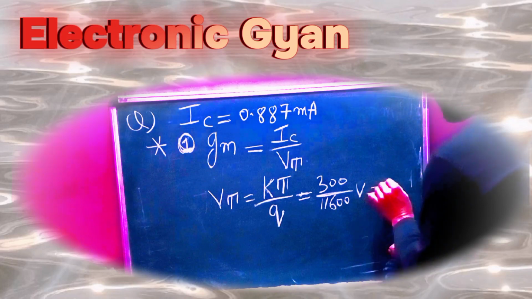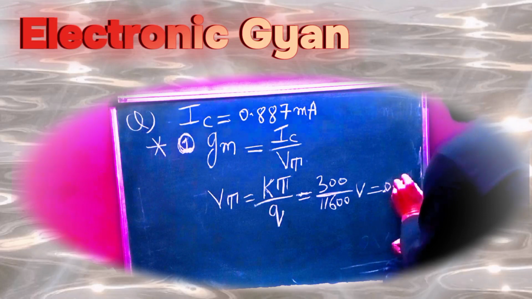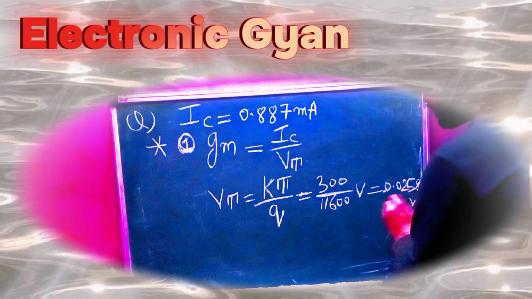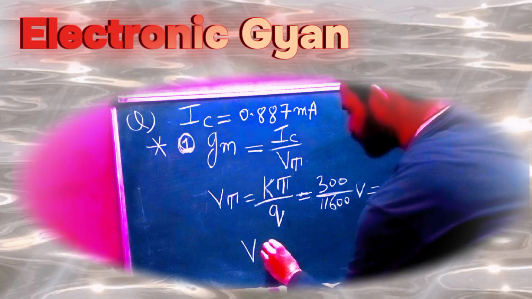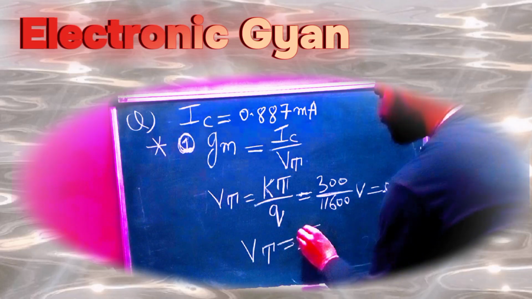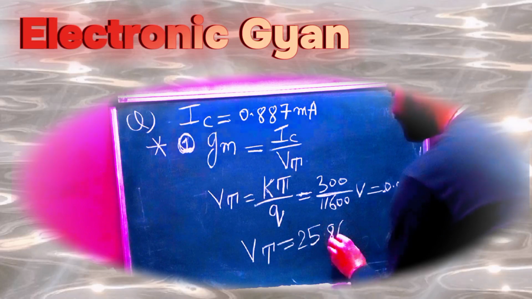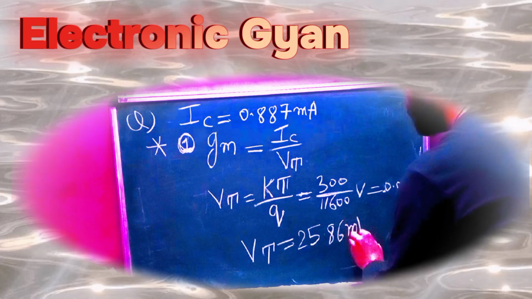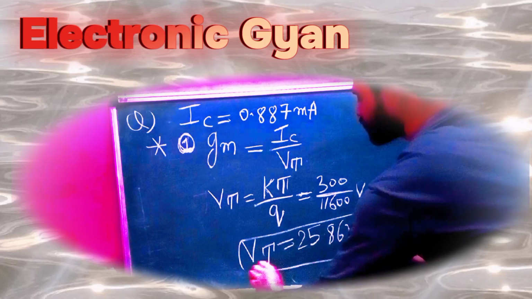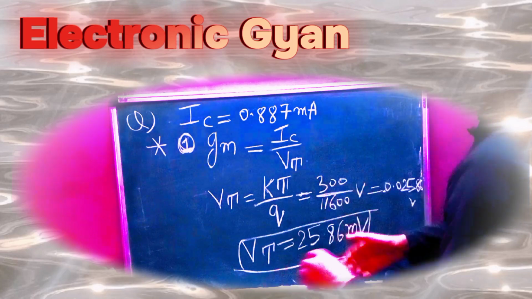It will come 0.02586 volt. Therefore our VT will be equal to 25.86 millivolt. This is my thermal voltage at room temperature.